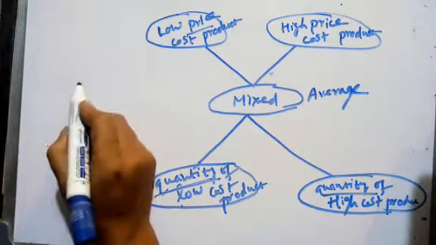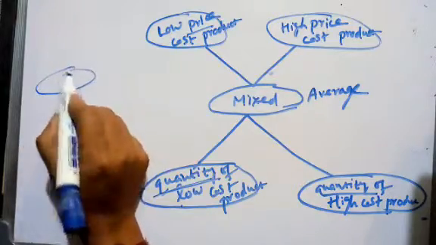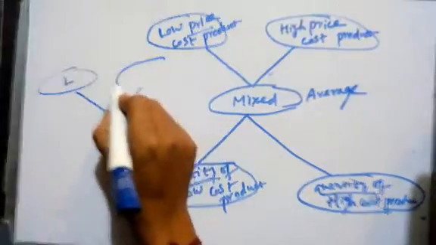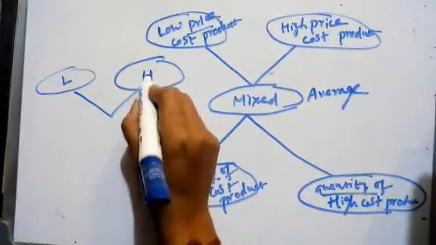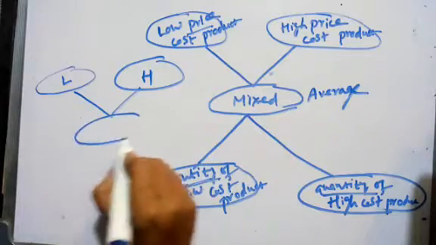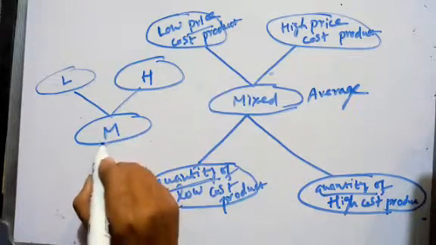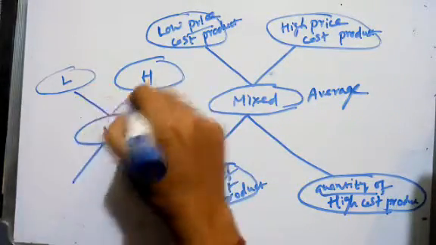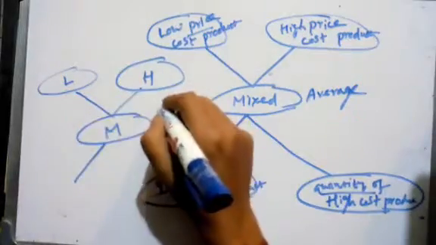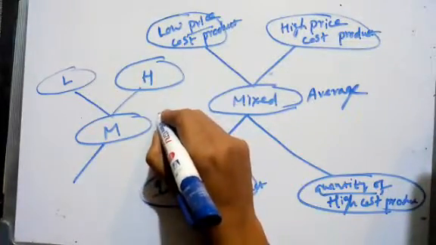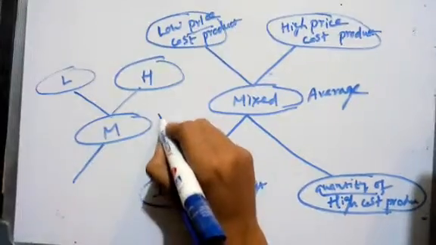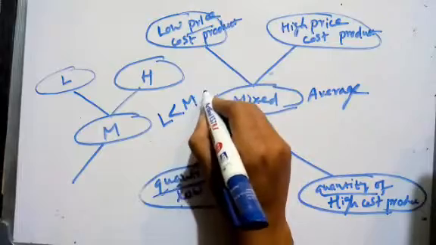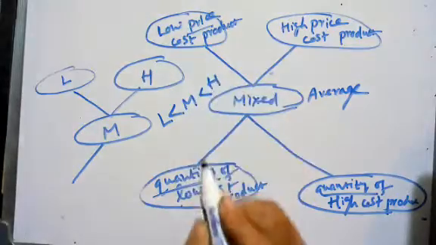So if we draw here low cost as L, another circle high cost as H, and mixed as M, then from these three prices we can write: always L greater than M greater than H. Clear?